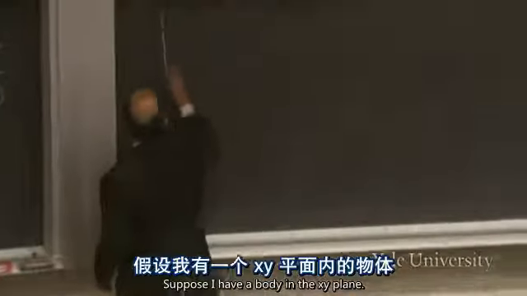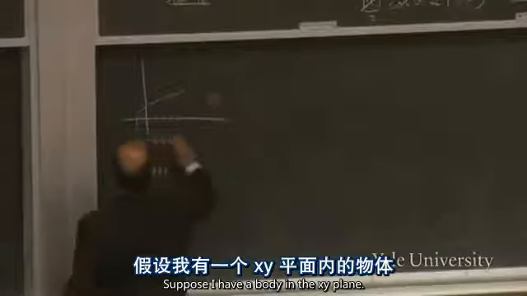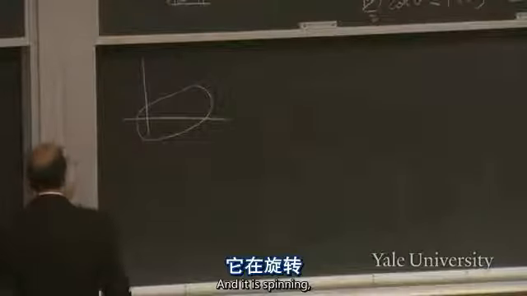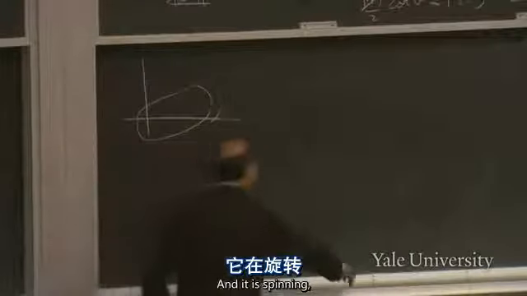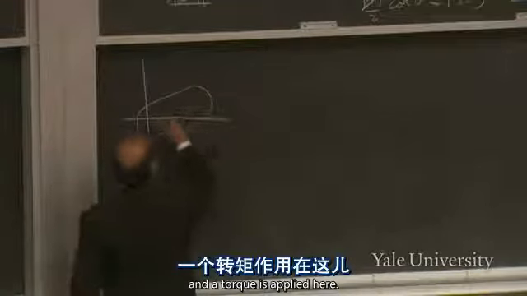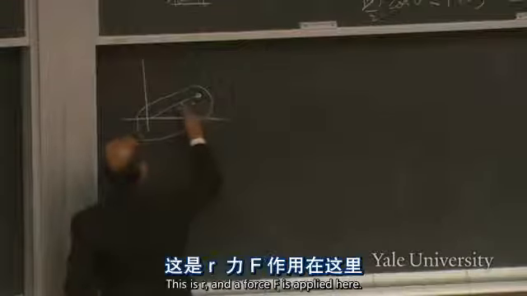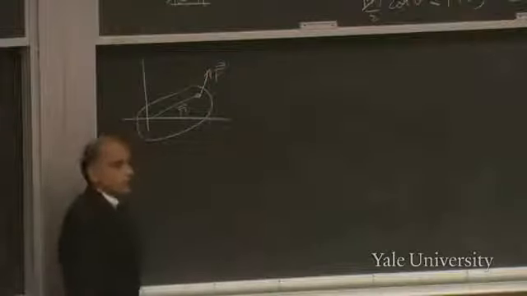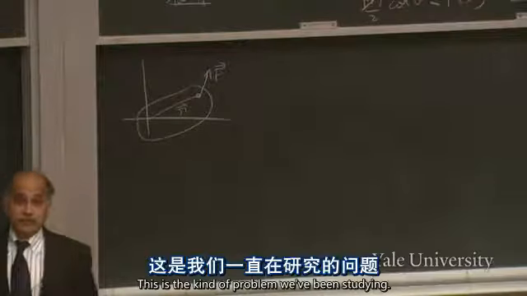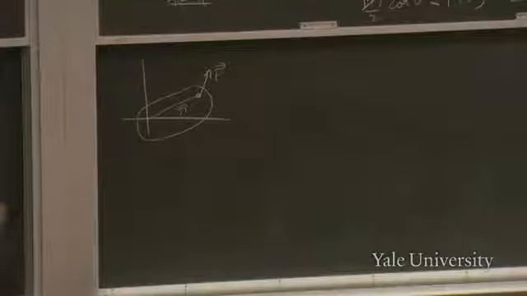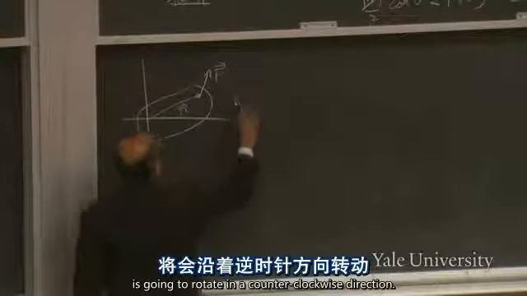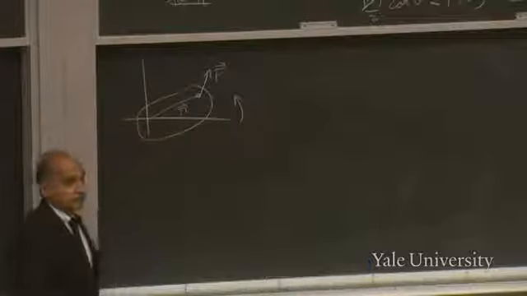Suppose I have a body in the xy plane, right? It's a sheet of metal or something, and it is spinning, and a torque is applied here. This is R, and a force F is applied here. This is the kind of problem we've been studying. We know that the torque, in this case, is going to rotate it in a counterclockwise direction.